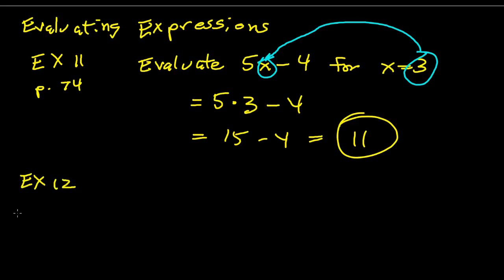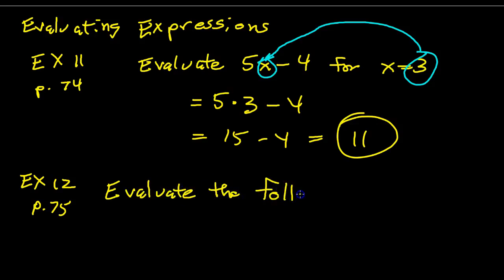Example 12. On page 75, right at the top of the page. And we'll say evaluate the following. We're going to give you 3 expressions here for the same value of x.